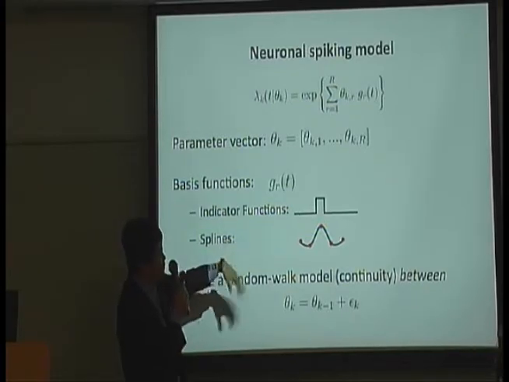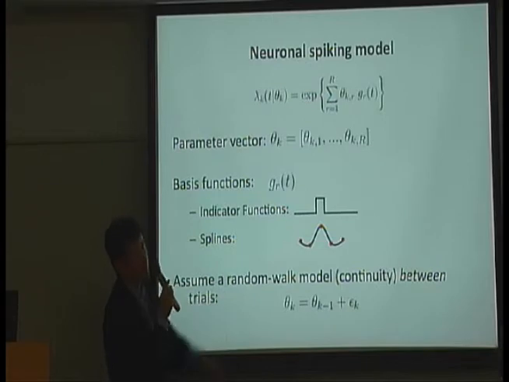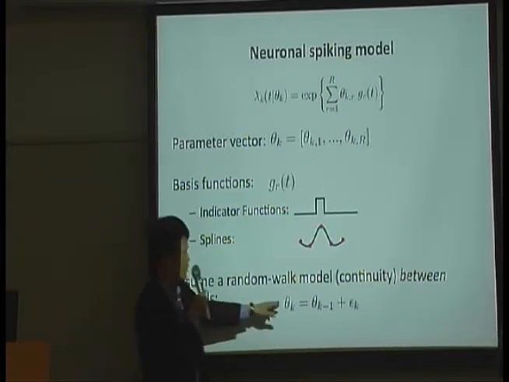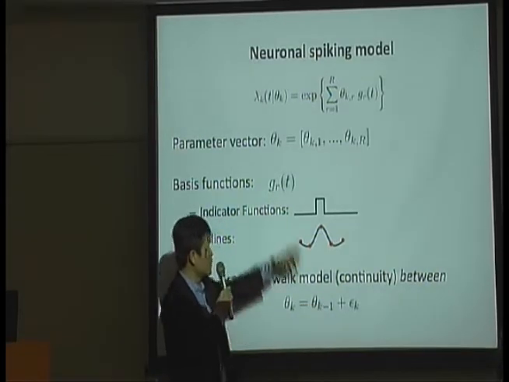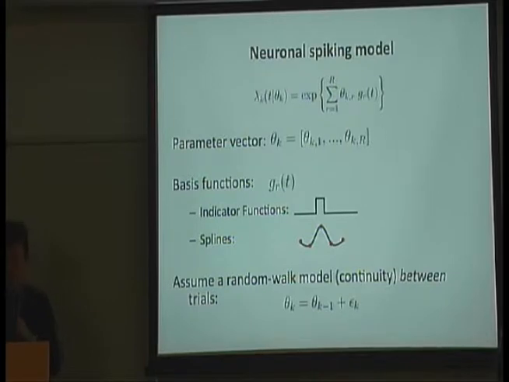And then you can impose some smoothness using a spline function. Then the basic model is showing trial-by-trial variability. You can model this as a random walk of those parameters theta, and the random walk allows a certain continuity.